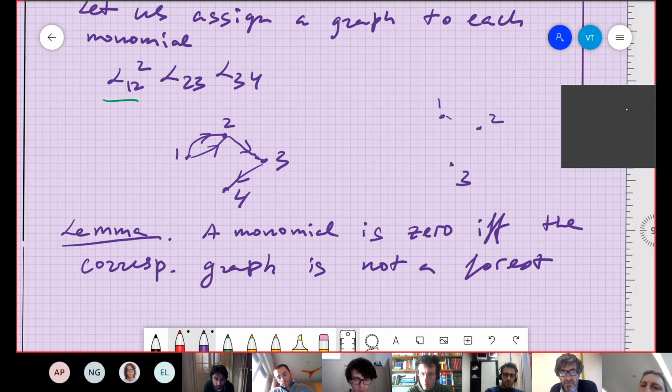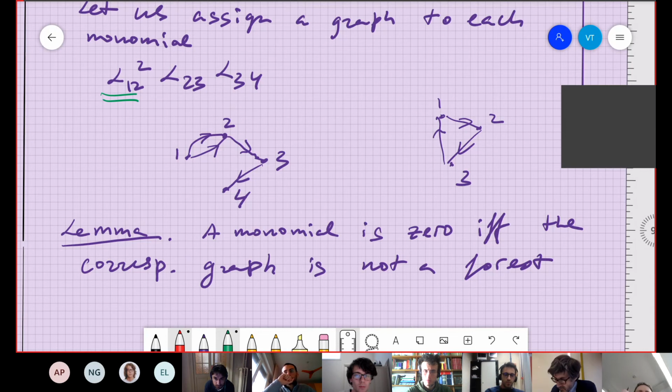if it has some cycle like this, then one can show that it follows from the Arnold relations, and the fact that alpha ij squared is 0, that any such monomial is 0. So both of these guys are actually equal to 0.